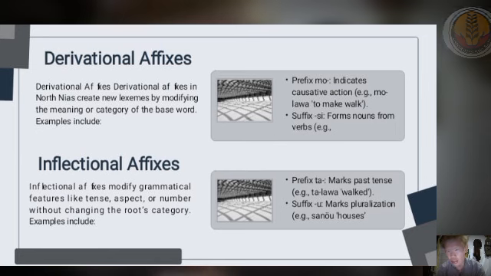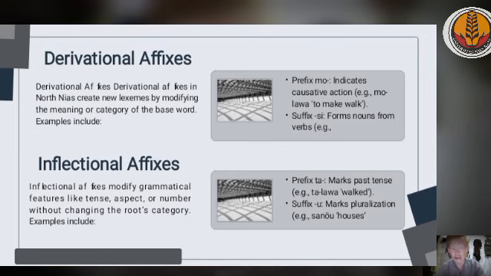The word does not change its meaning or word class. And next, an example of inflection suffixes: if we use the suffix -u and we add the base word monda, it becomes mondau.